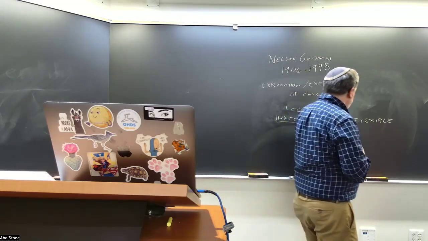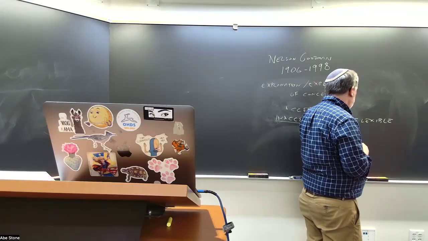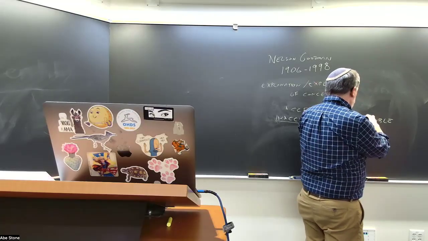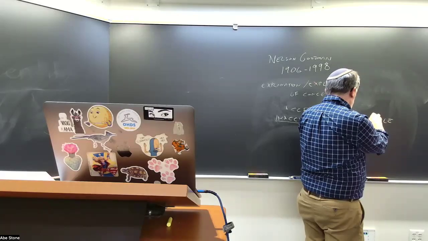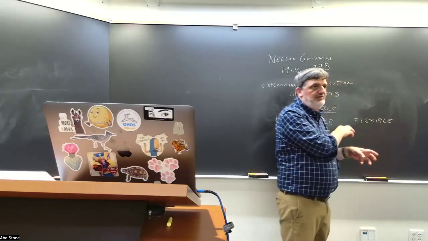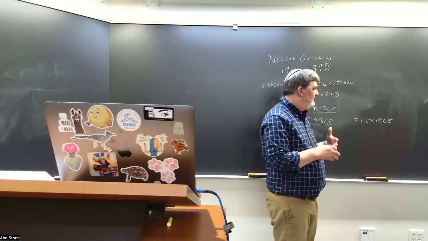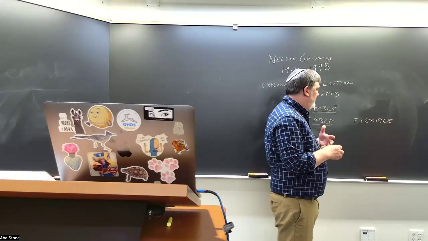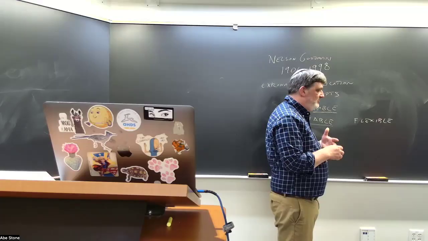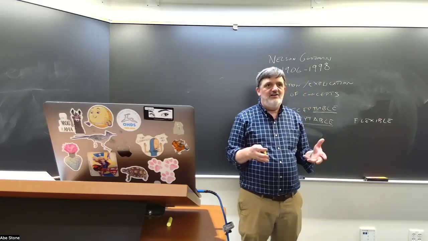But anyway, if our unacceptable predicate is flexible, we want to give a definition, a way of picking out the things that are flexible using only acceptable predicates. But we've got to end up calling the same things flexible that we ordinarily call flexible.